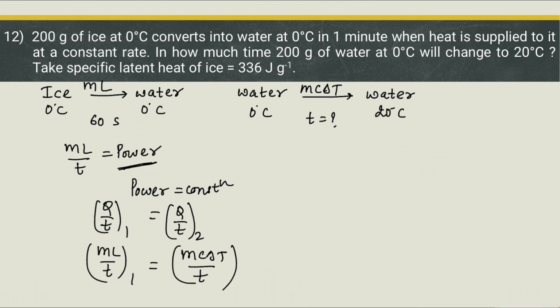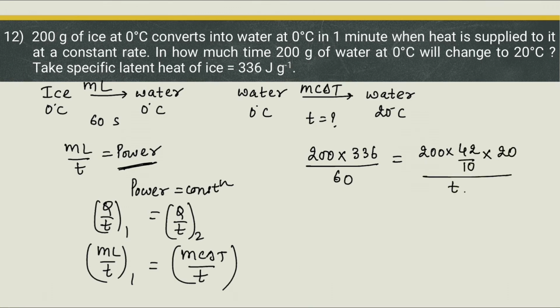Let us substitute the values now. Mass of ice on the left side is 200 gram. Specific latent heat is 336 upon time 60 seconds, is equal to mass of water 200 gram, specific heat capacity 4.2 or 42 upon 10, and delta T is 20 upon time T2, which we want to find out. 200 gets cancelled, 10 gets cancelled.